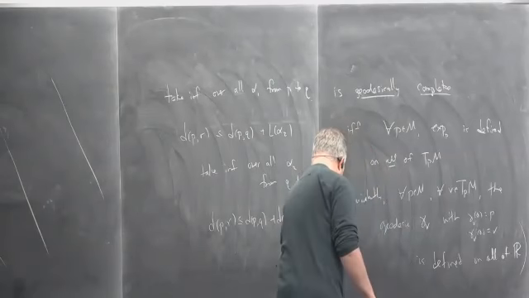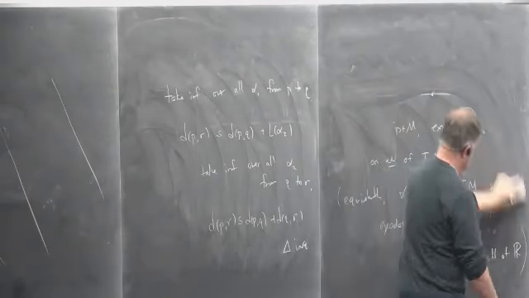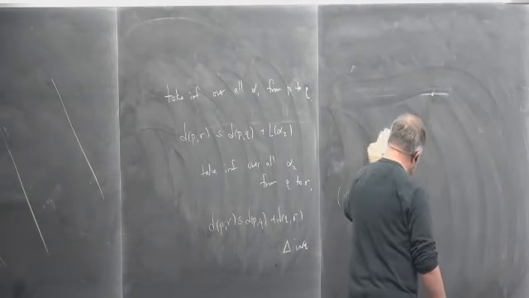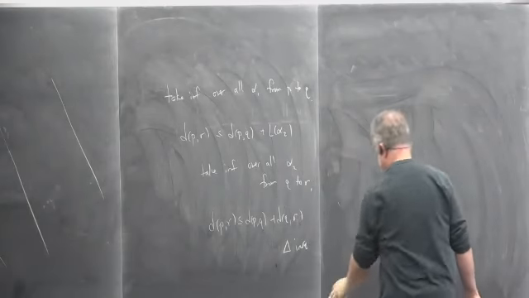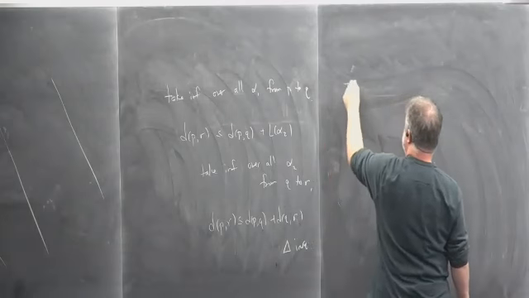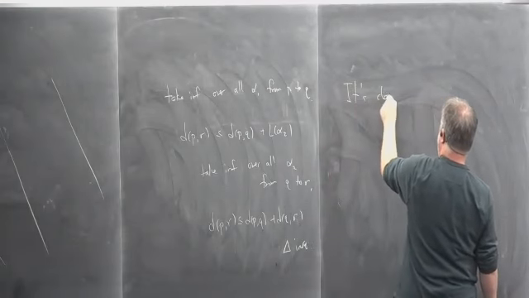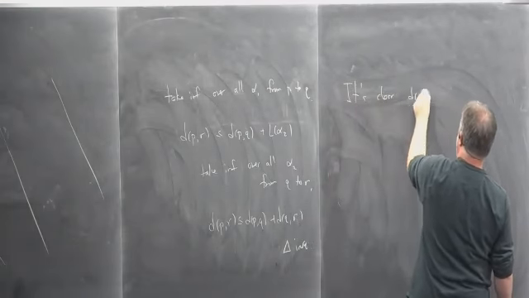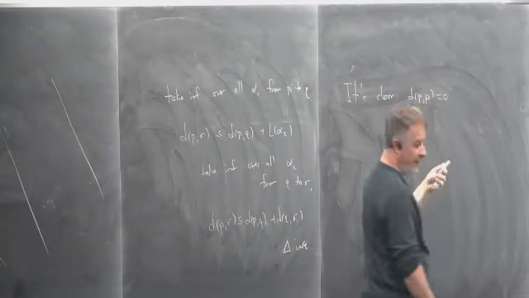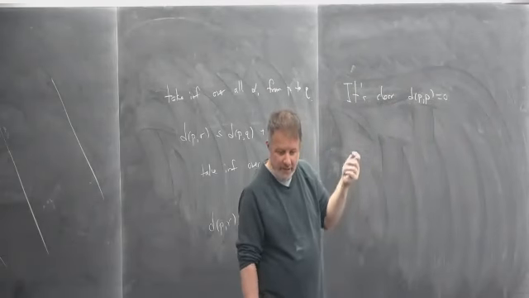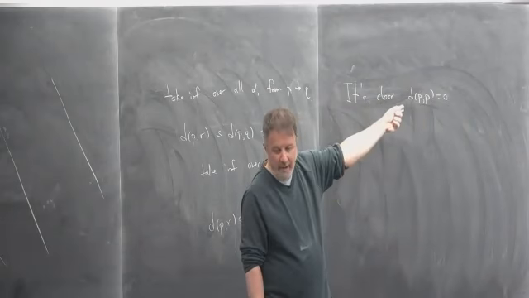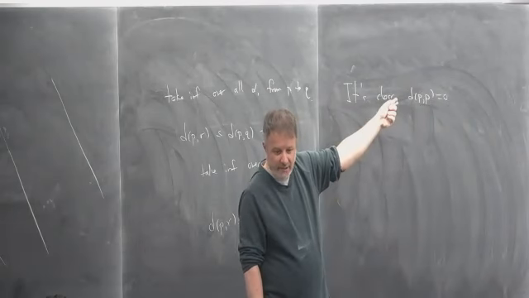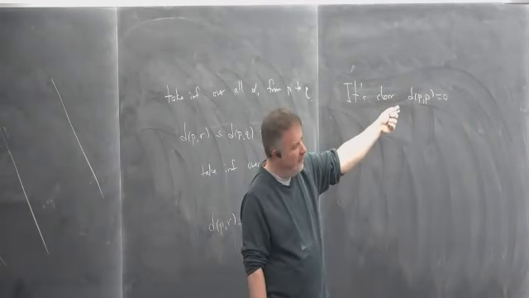One more thing to prove. It's also clear, and I'll say in words, that d(P,P) equals 0. If you like having the constant curve as one of your piecewise smooth curves, then there's no problem, because the constant curve is a piecewise smooth curve from P to P and it has length 0.